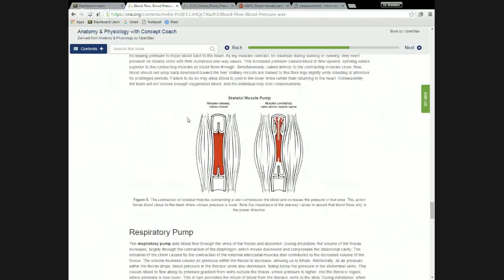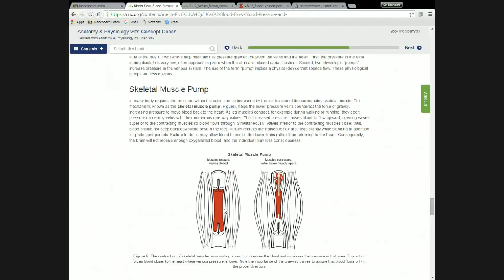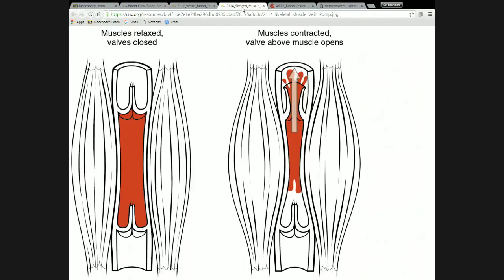Now, in the venous system, there are a couple of things that help blood get back to the heart even more. All of the active pumping of blood comes from the contraction of the heart muscle. But there are a couple of passive properties of the circulatory system that help things get all the way back to the heart. And the first one is the skeletal muscle pump, which we have a nice picture of.